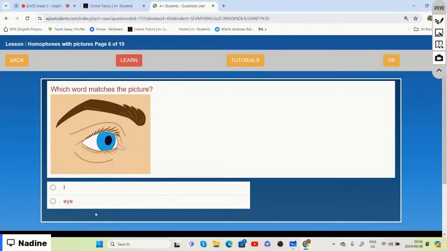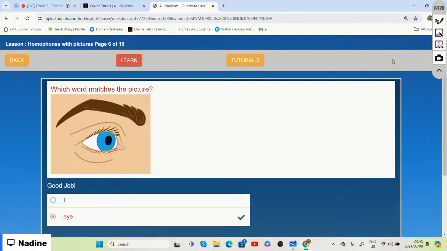So I, it's like me, myself, and I, or we have eye, which we use to see. And if we choose the correct one, then we choose eye, which is your eye that you use to see. That is eye. The other word I is like referring to me, myself, and I.